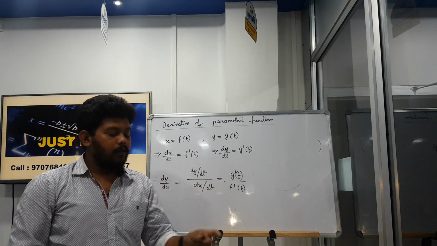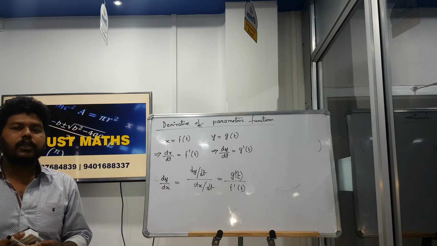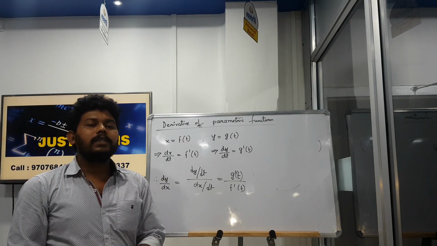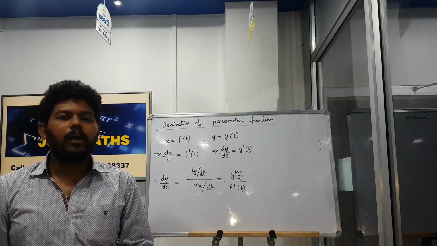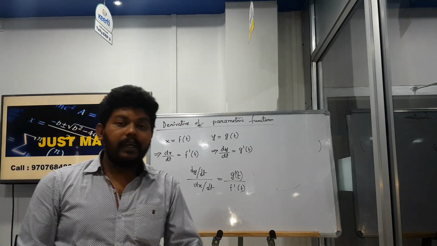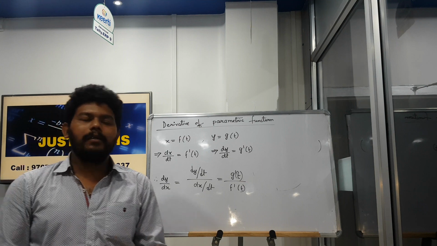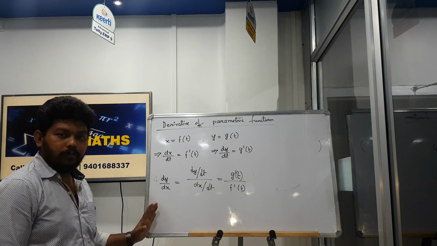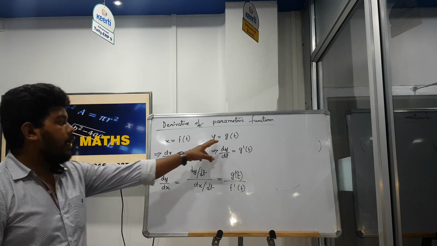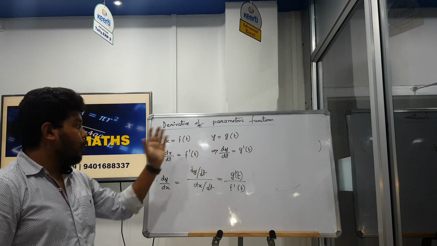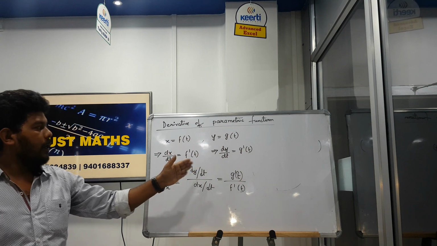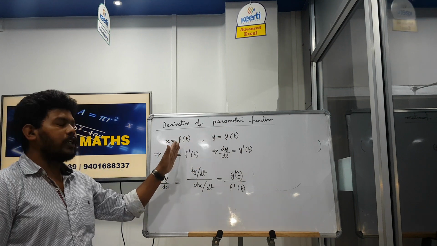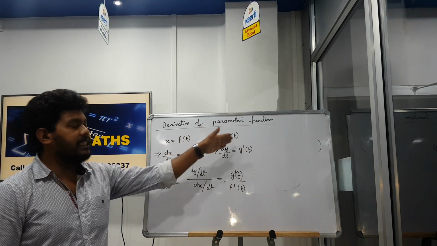Clear? In a parametric function, what do we say? We establish a relation between x and y in terms of a third variable, which is another variable. We call it a parameter. That's why it is called a parametric form. Suppose x and y are two variables expressed in terms of t, where t is a parameter, and x and y are two different functions of t, f t and g t.